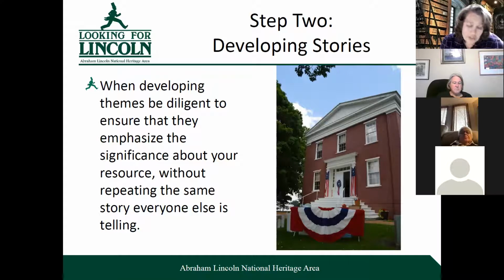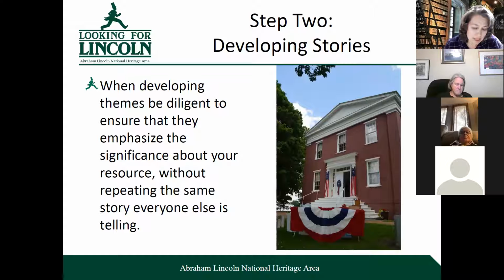So once you have identified the significance of your resource and how it connects to the themes, you can begin grouping your stories into the various different themes, which different resources could fit in multiple themes. It isn't like your site only has to fit into one theme. It can fit into multiple themes. And themes create the foundation for storytelling to increase visitors' understanding and appreciation of communities' resources.